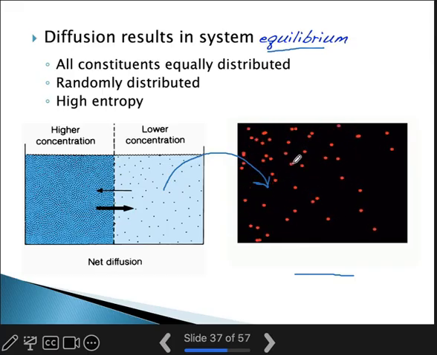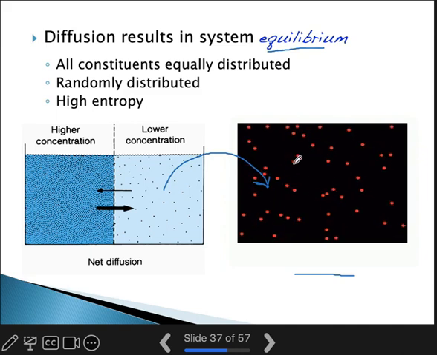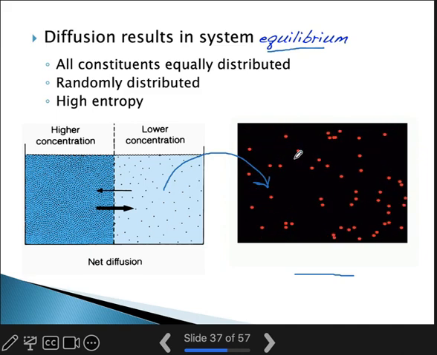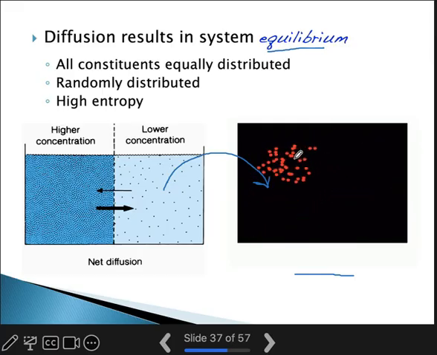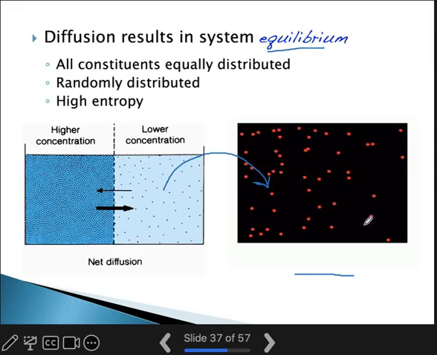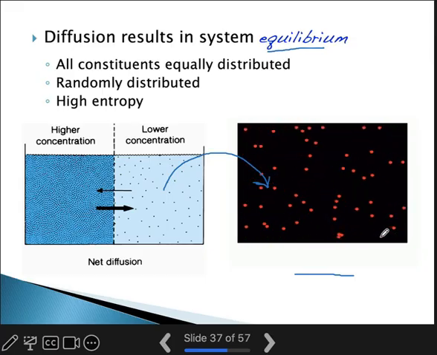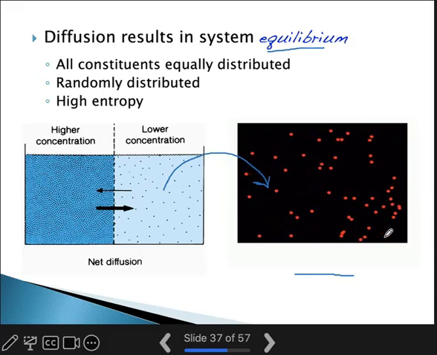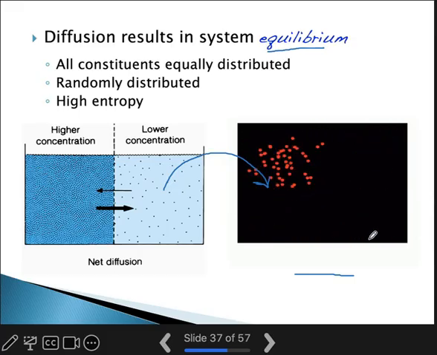Now, these particles don't know where they're moving. They're moving randomly. Some will move into a higher concentration. Some will move into a lower concentration. If they move into a lower concentration, there's nothing that's going to hit them, so they can travel all the way across. And this allows for this spreading out, or this high level of entropy when we're done.